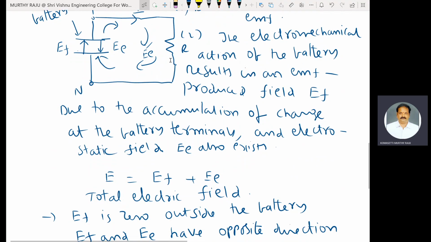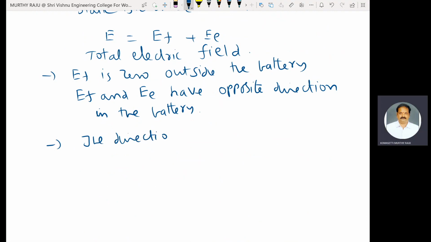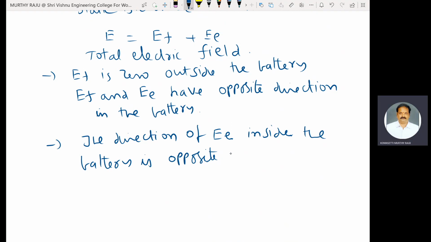These two are opposite. The direction of E inside the battery is opposite to that outside.